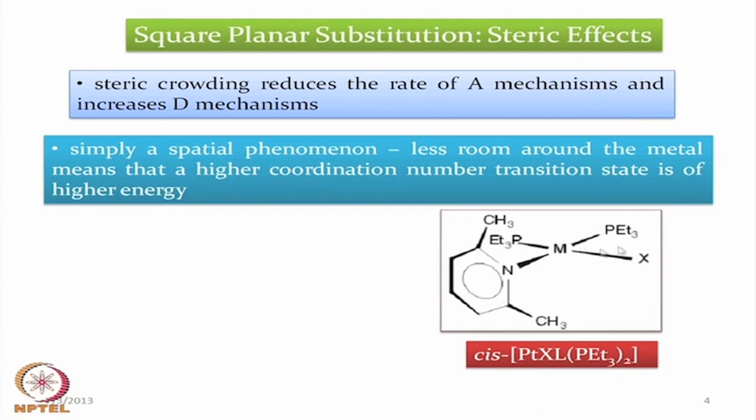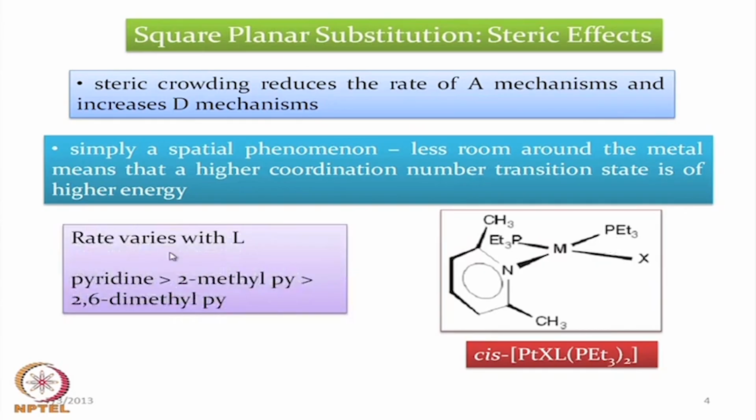So, this triethyl phosphine group is less sterically crowded. So, in terms of only steric crowding, this PEt3 can show some reactivity by going for some dissociation and attachment of some other new group which is coming and replacing this PEt3 group.